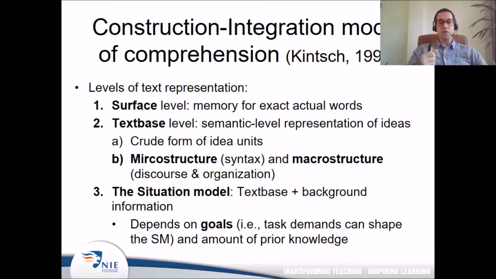The generation of the situation model depends on an array of factors, perhaps the most important of which is the goals, for example, the goals of reading. For example, the task demands that you identify the attitude of the writer by reading this passage. So the kind of situation model that you would generate as a result of the demand of the task would probably be different from the kind of situation model that we generate in other situations.